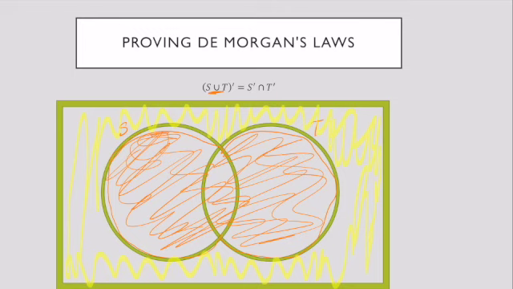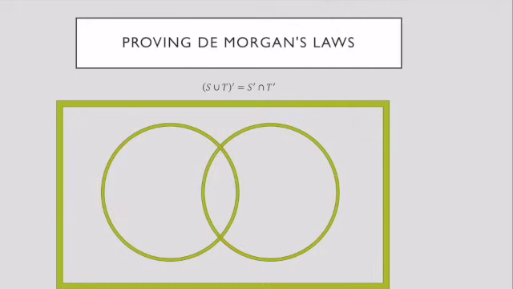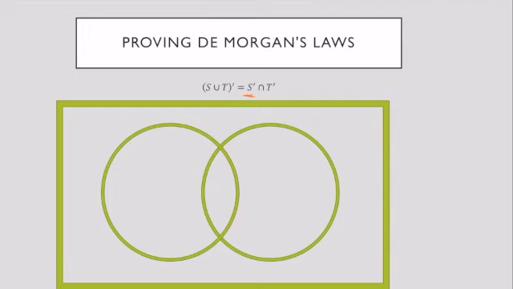So keep this image of the yellow space, right, in your mind as I prove it the other direction. But first thing I want to do is clear all pen markings so we don't have such a messy space. So next I'm going to take a look at S prime and T prime. So S prime is everything not in S. So it's going to be all of this.